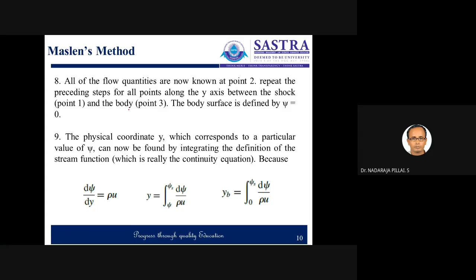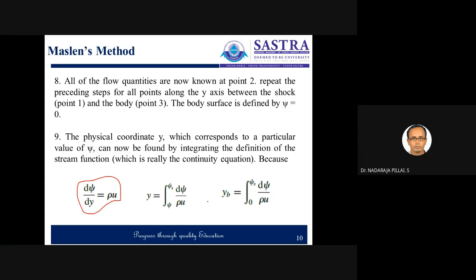Now, the physical coordinate y corresponding to a particular value of psi can be found by integrating the definition of the stream function, d psi by dy equal to rho u. Then y is equal to the integral from psi to psi s of d psi by rho u.